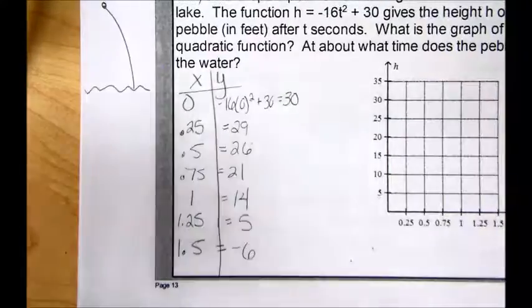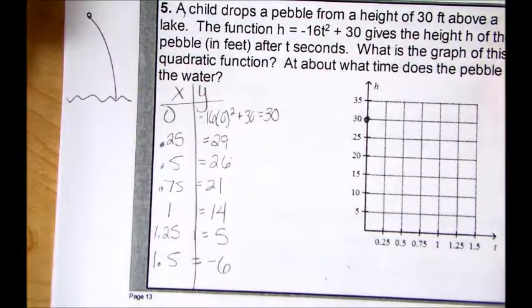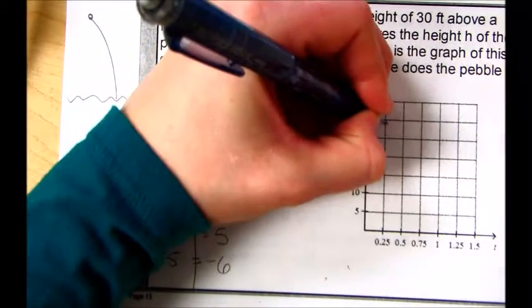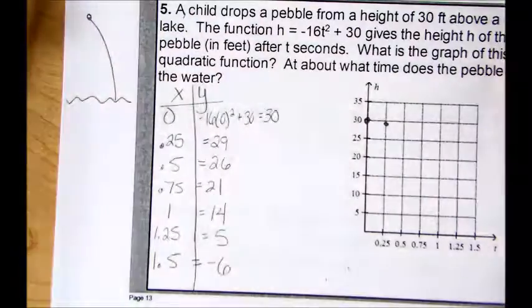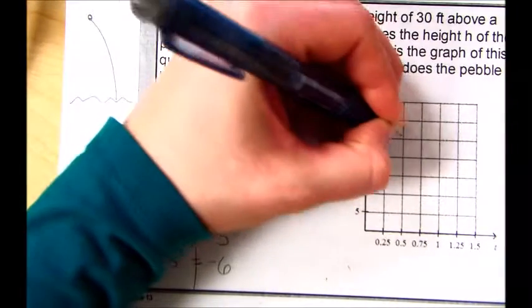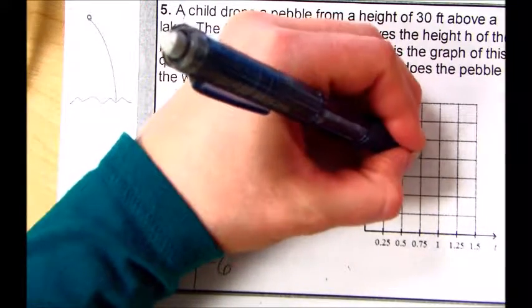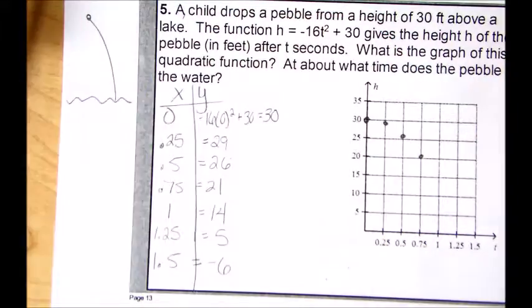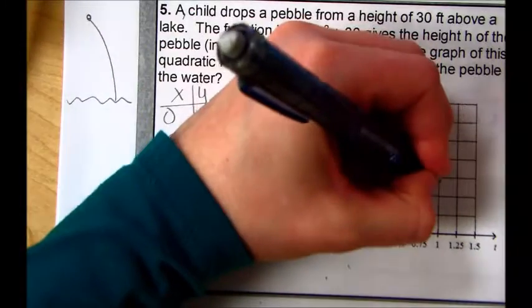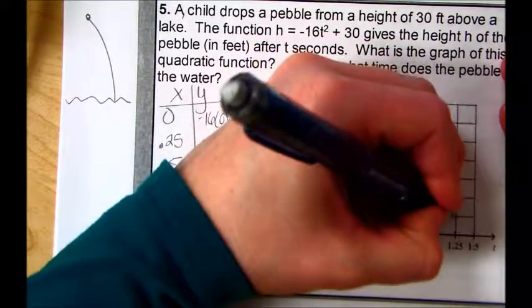Let's plot our points. 0, 30. 0.25, 29, so it's barely fallen. And then at 26, so it's falling a little faster now. And then 0.75 is at 21. And then 1 is at 14, so you can see we're starting to fall a lot faster. 1.25 is at 5.